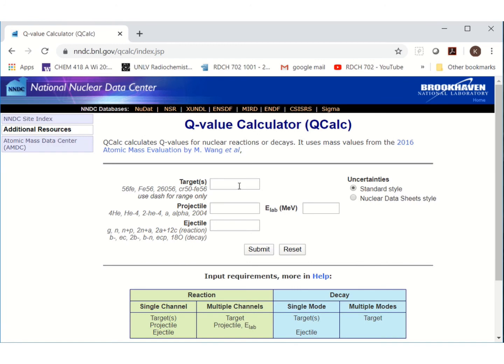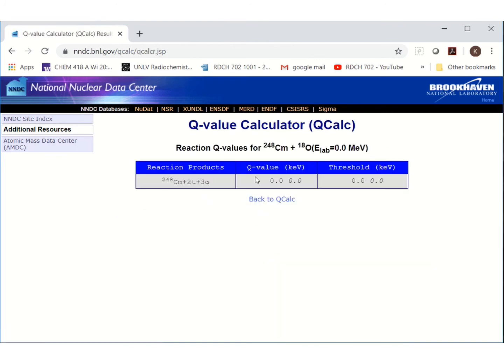So sometimes you can hit reactions that aren't necessarily within the database. If I just submitted this, I would have no Q value, no threshold, because this is what it tells me for the reaction products.